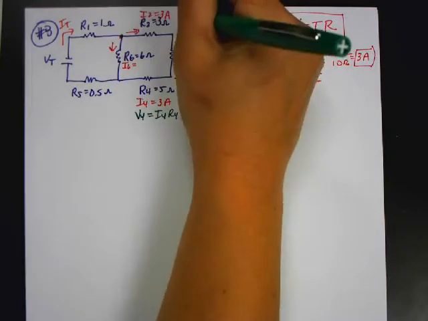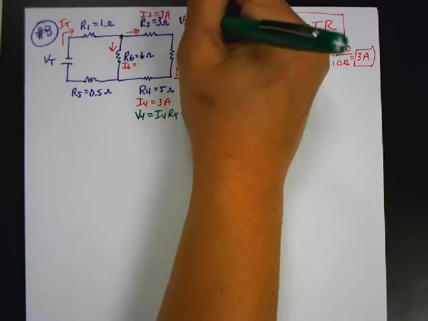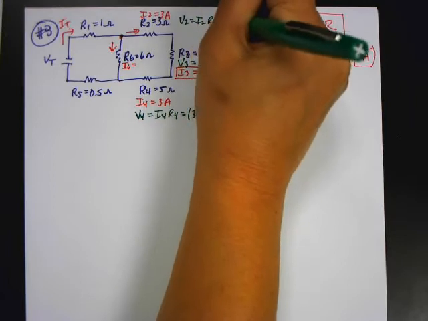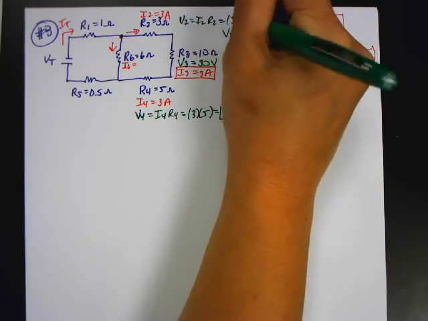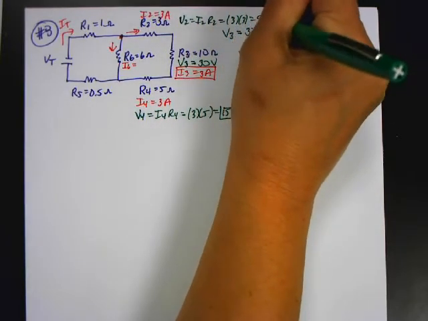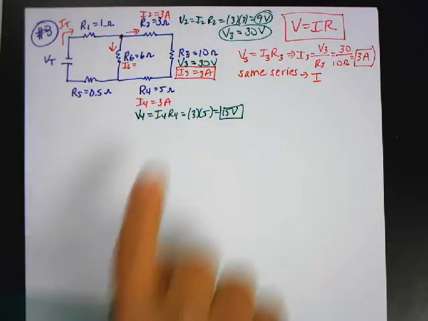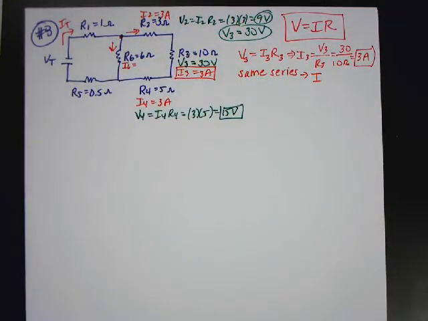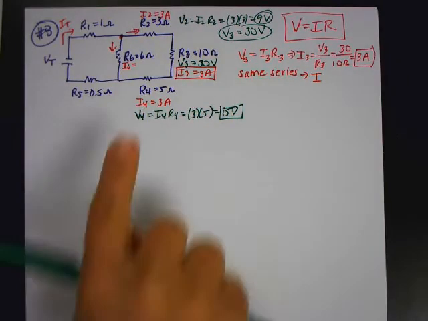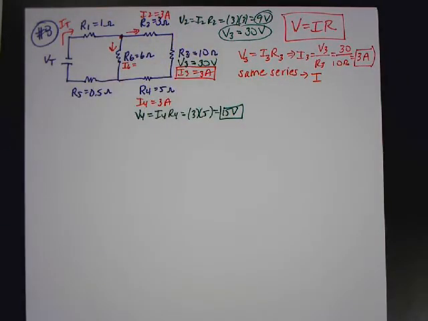And then I can find V2 is equal to I2 times R2, so 3 times 3 is equal to 9 volts. So now for this whole branch, I've already found I and V and R for everything there. And the reason I did that first was because they told me V3 was 30 volts. Okay.